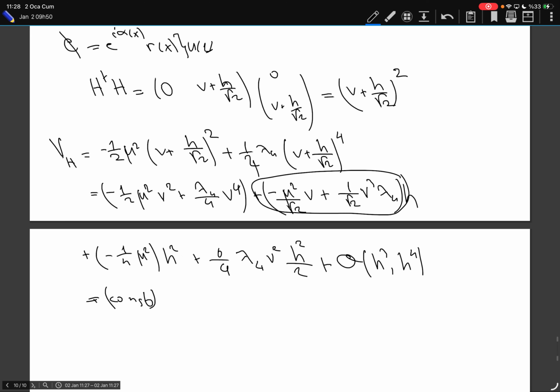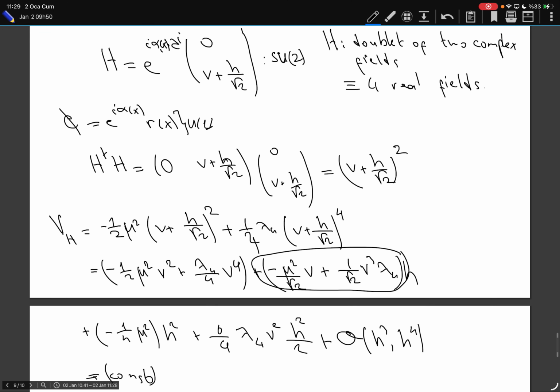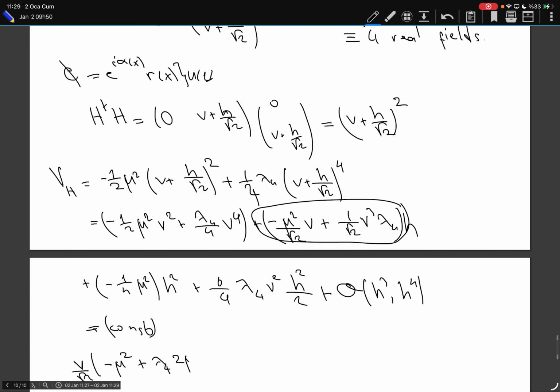So that coefficient is V over square root of 2 times minus mu squared plus lambda 4 V squared. V squared is 2 mu squared over lambda 4. Well, I have a factor 2 missing somewhere.